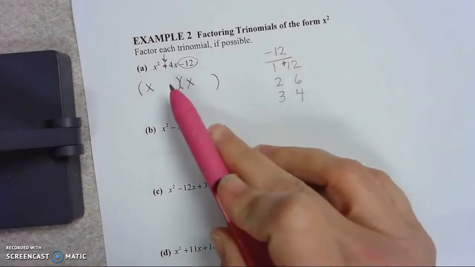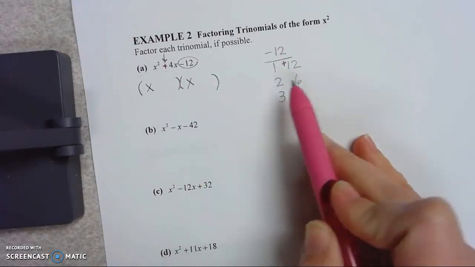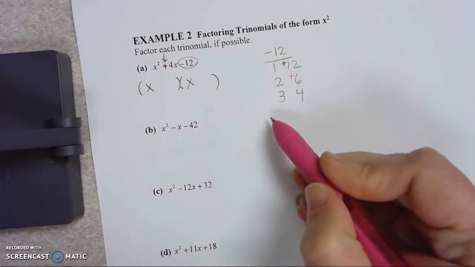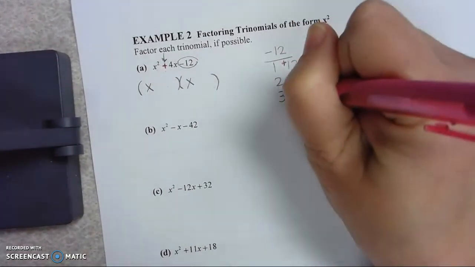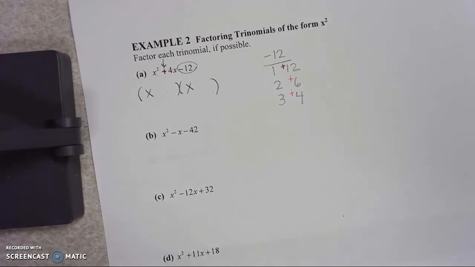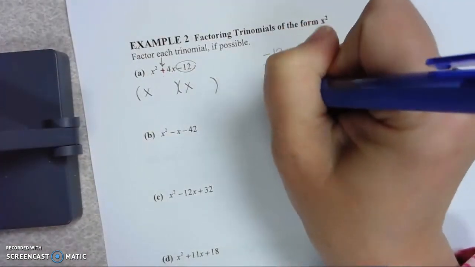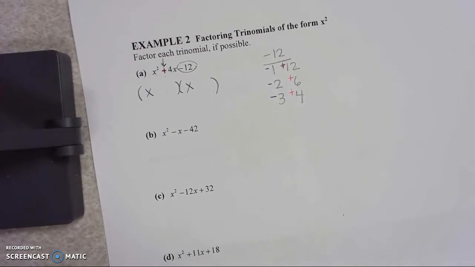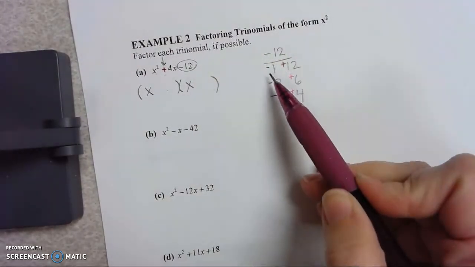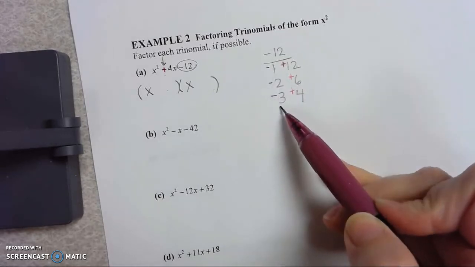Now I'm going to look at the next set of factors, 2 and 6. Which one is bigger? The 6, so it's plus. 3 and 4. Which one is bigger? The 4, so it gets a plus. That means the smaller one has to be negative. Now I have this list of factors, and remember I list mine by starting with 1 and working my way up.